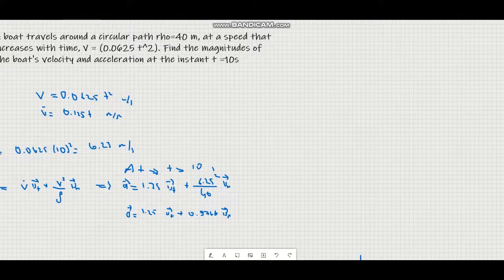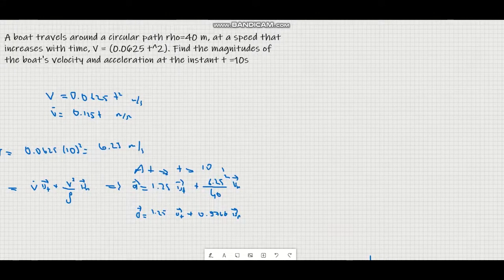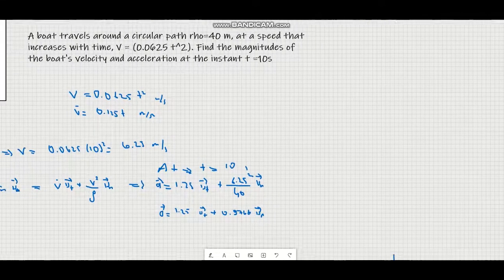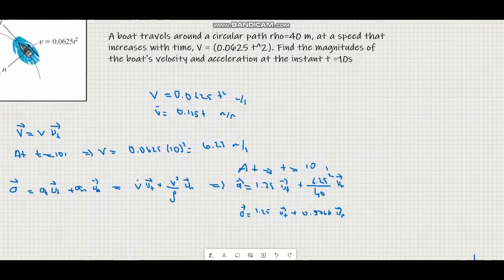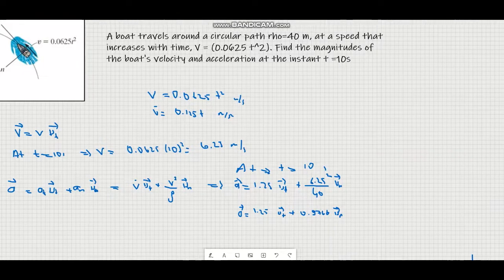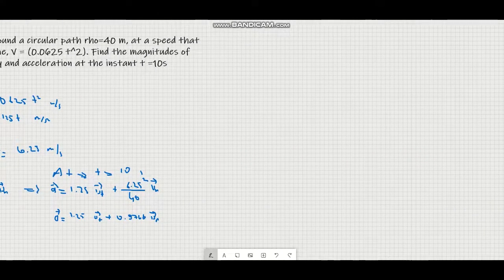So we are going to find the magnitudes of both velocity and acceleration. The velocity, we already said, is the ut. Velocity at 10 is 6.25, so the velocity magnitude is going to be by itself, 6.25 meter per second.